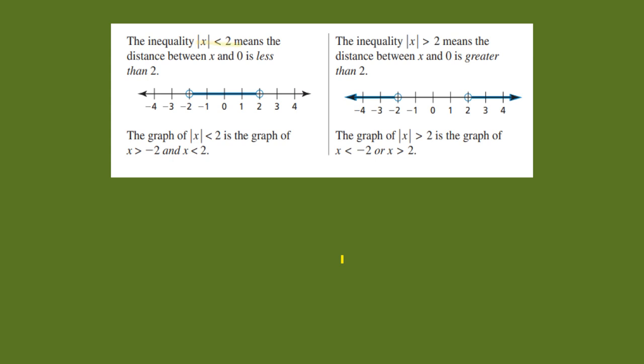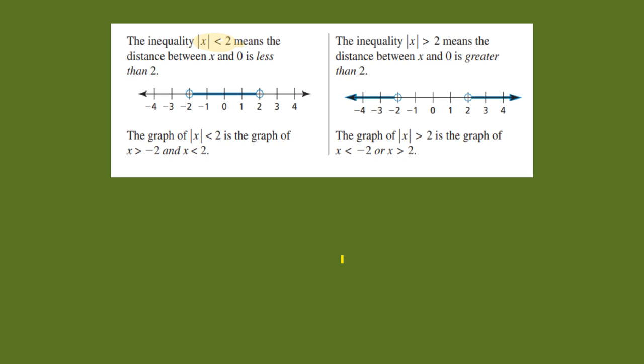The absolute value of x is less than 2. So, can x be -2 and 2?